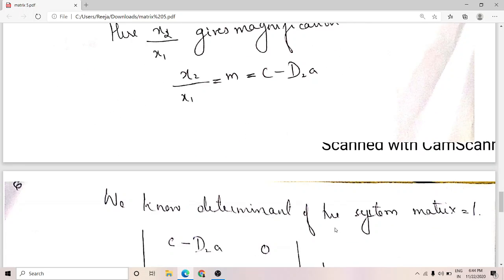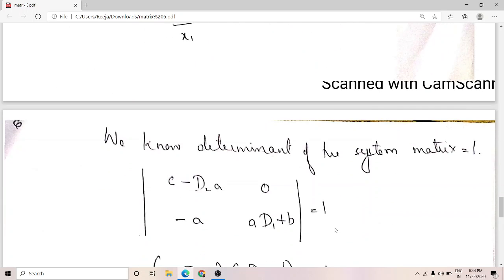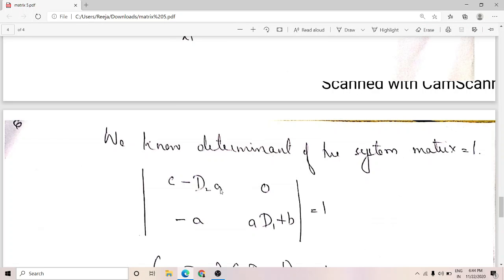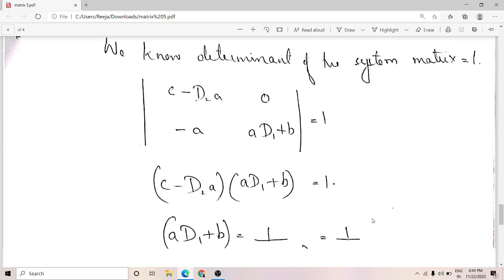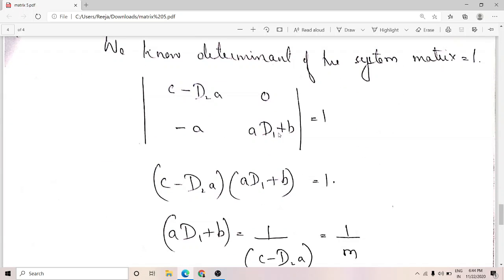Now we know that the determinant of the system matrix must be 1. So c minus d2a, 0, minus a, d1 plus b represents a system matrix, so its determinant must be equal to 1. So we get c minus d2a into a d1 plus b, minus a into 0, that is 0, is equal to 1.